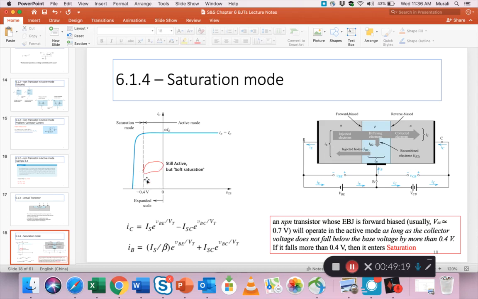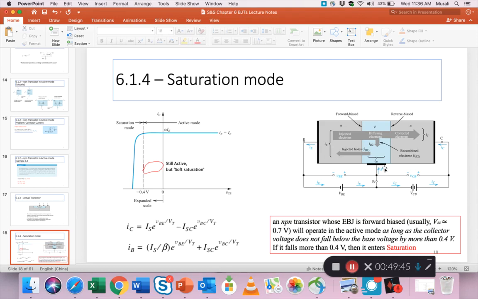Although this is not desirable, from 0 to minus 0.4 we call it soft saturation, but the transistor is still active. But definitely if the collector voltage falls more than minus 0.4, that means if it becomes minus 0.5, minus 0.6, etc., then we say the transistor is entering saturation. Okay. So remember the rule.